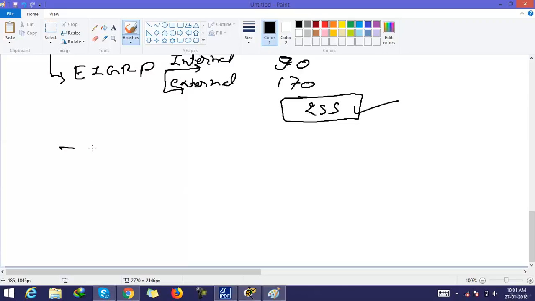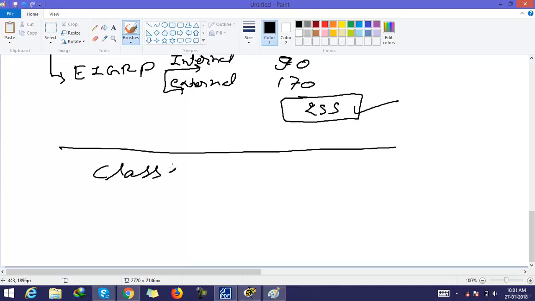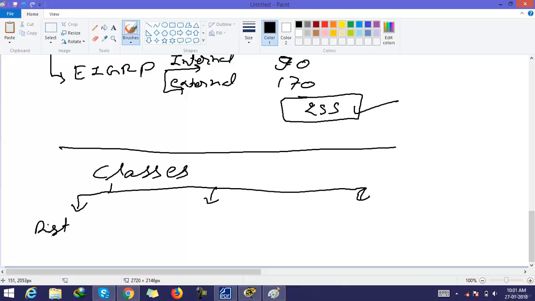Then we are talking about classes of dynamic routing protocols. There are three types of classes. The first one is distance vector routing protocols.